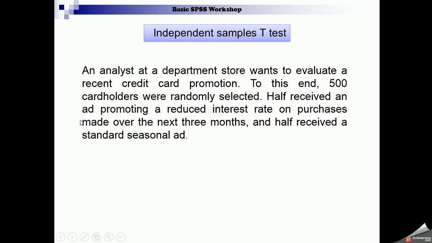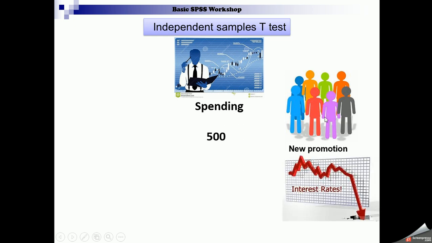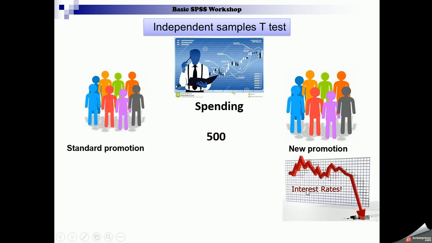Half received a promotion of a reduced interest rate on purchases made over the next 3 months, and half received the standard seasonal ad. So as we understand, this is the analysis. We want to check if there are any differences between the new promotion with the reduced interest rate for the customers, to see if they are spending more.